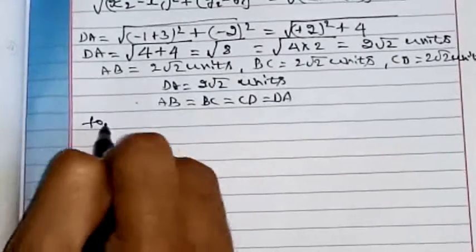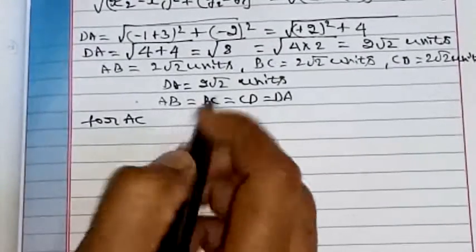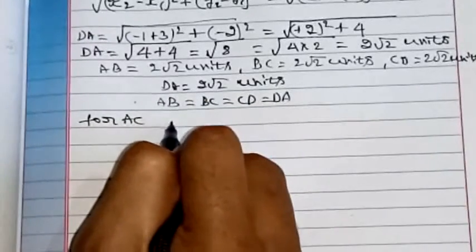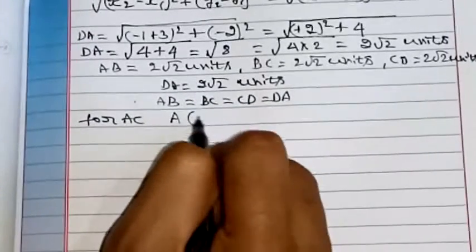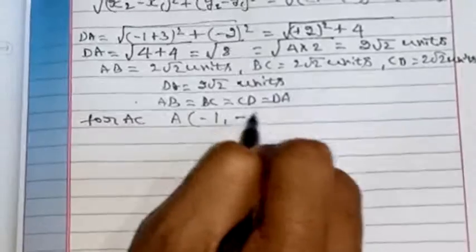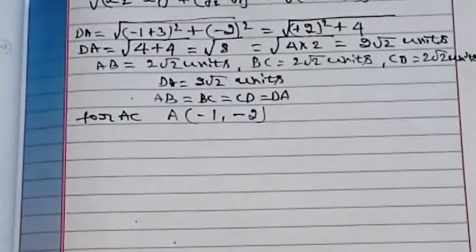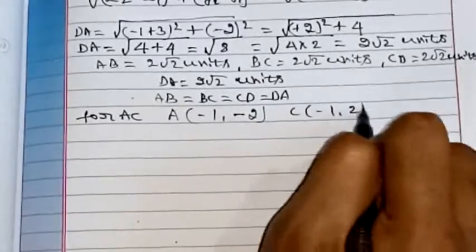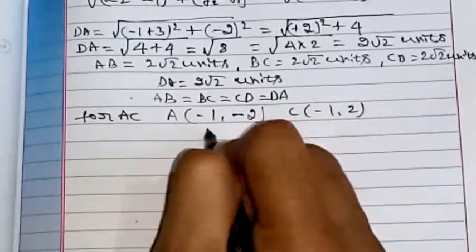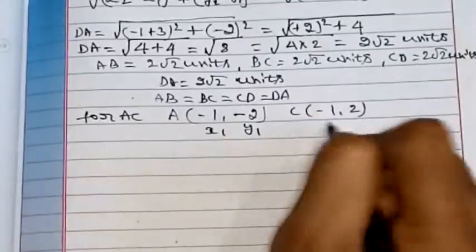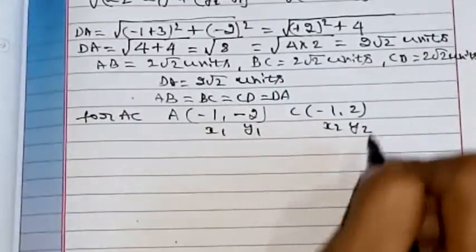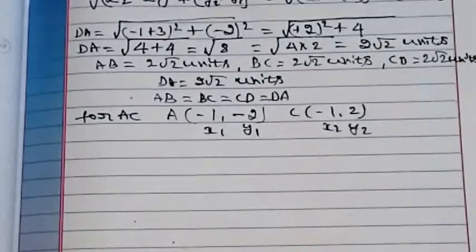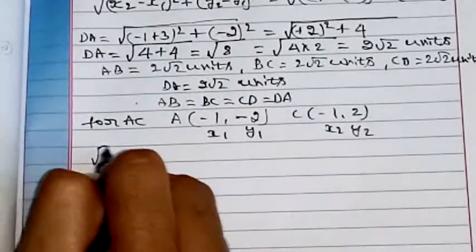So for AC, what are the coordinate points? A of minus 1 comma minus 2, and C of minus 1 comma 2. Right? So as usual, write down this one as x1 y1, this one as x2 y2. Now apply the distance formula. So what is the distance formula?